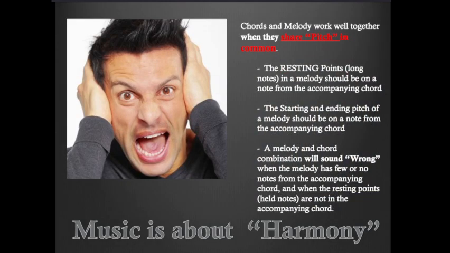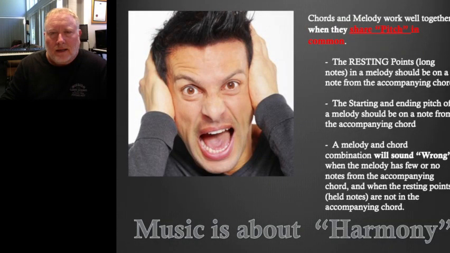And so what we want to do is understand how the pitch of two notes can work together in common. So where do we start? Well, the resting points, or the long notes in a melody, should be on a note from the accompanying chord.